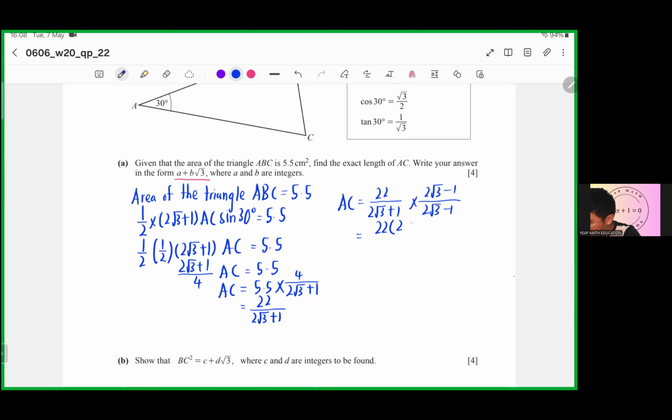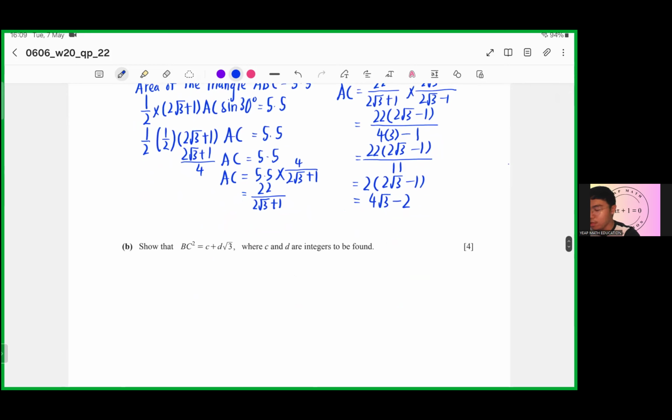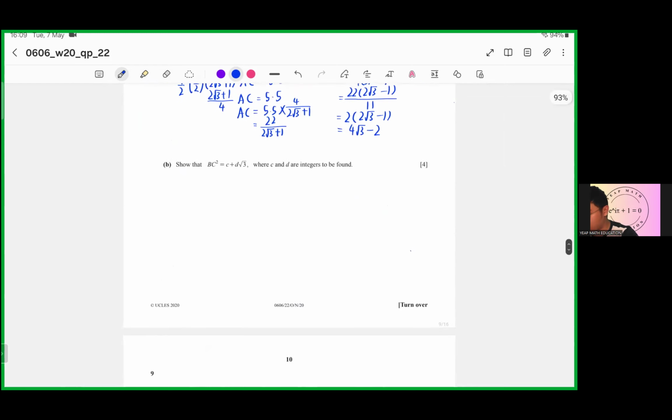Then 22 times 2 root 3 minus 1 over 4 times 3 minus 1. So I will get 22 times 2 root 3 minus 1 over 11. Now I get 2 bracket 2 root 3 minus 1. So now I will get 4 root 3 minus 2. This is your answer. Now we look at question b. Show that b squared equals c plus d root 3, where c and d are to be found as integers.